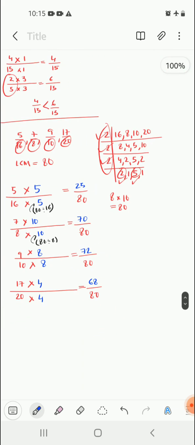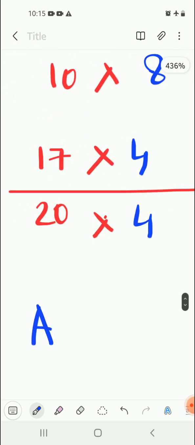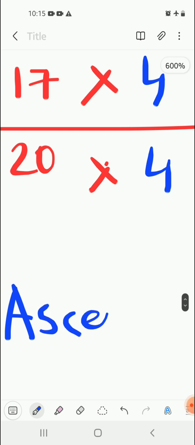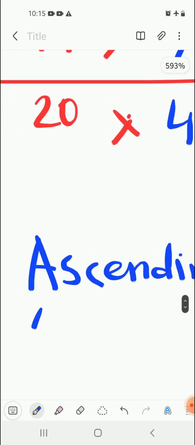Now, once this is done, 3 types of questions can be asked, like compare or find the greater fraction or the smaller fraction, arrange the numbers in ascending or descending order. We know ascending order actually means small to big.